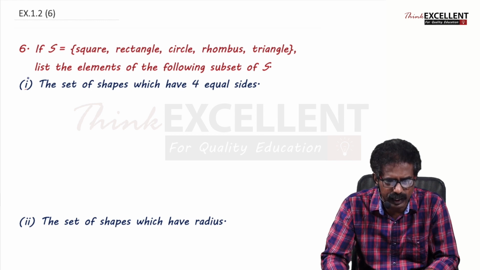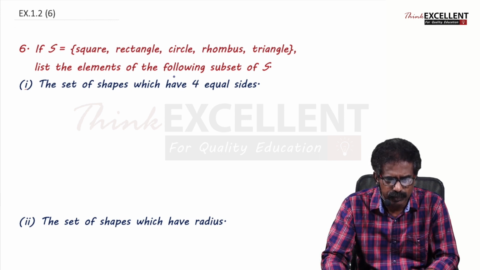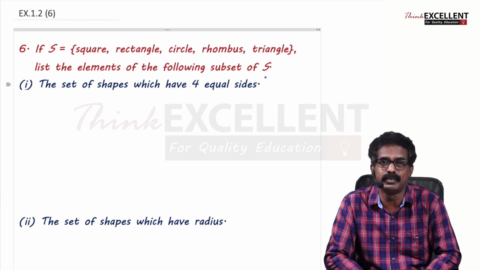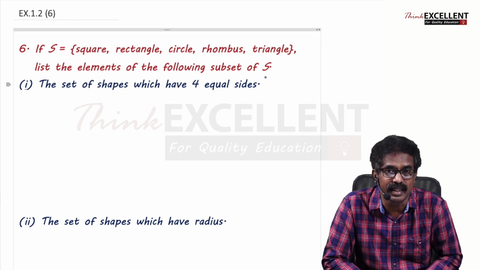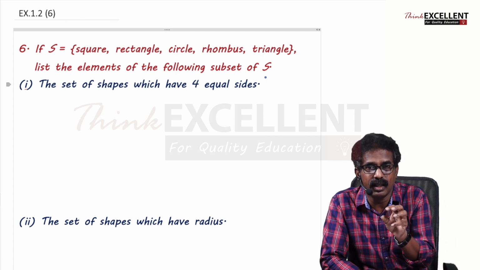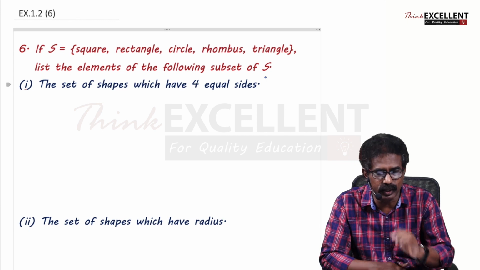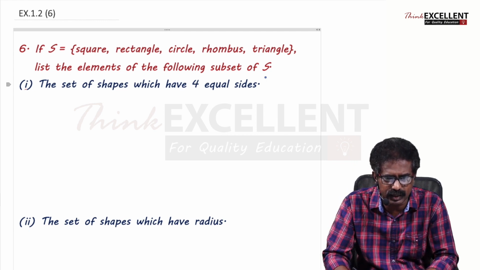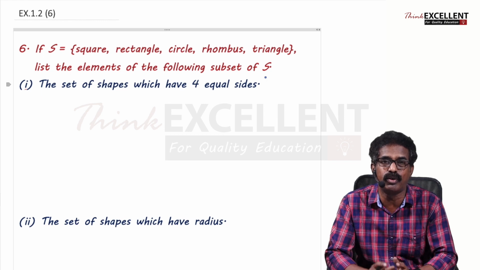Now we see what they ask: list the elements of the following subsets of S. From here you are going to frame some sets under a condition. Now from this, whichever satisfies that condition we are going to write. The set of shapes which have 4 equal sides.